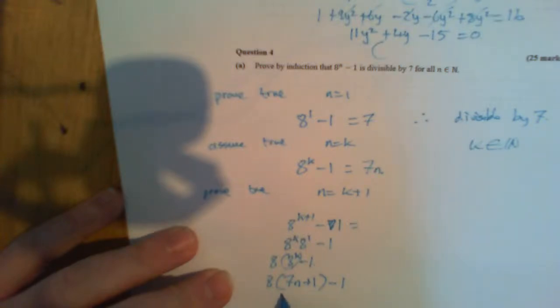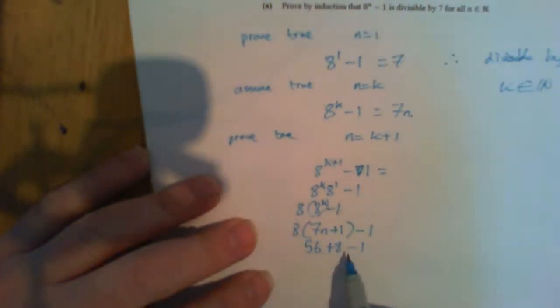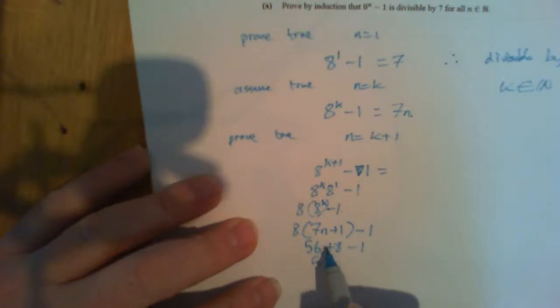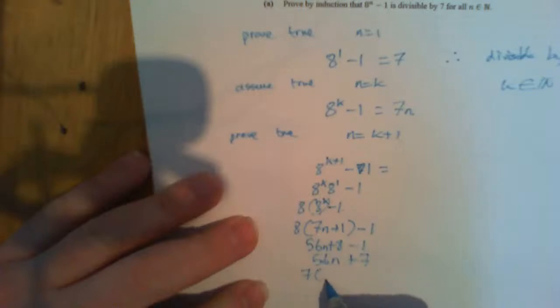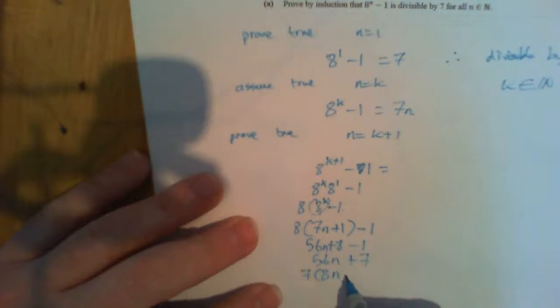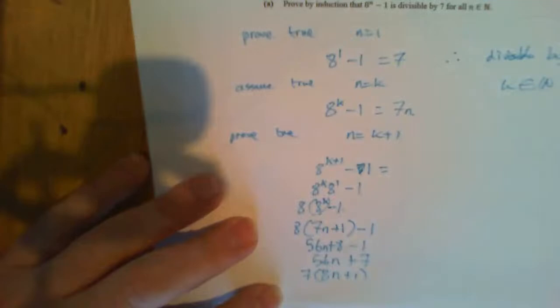Plus 8 minus 1. And of course, you can see what's happening here. That's 56n plus 7, and I can factorize. So this side is, as you can see, divisible by 7.